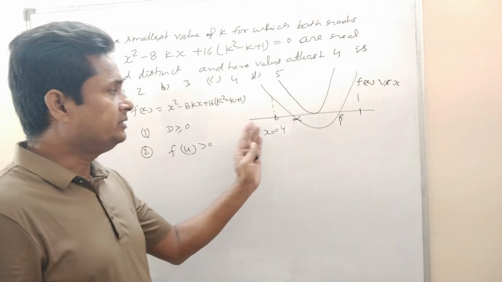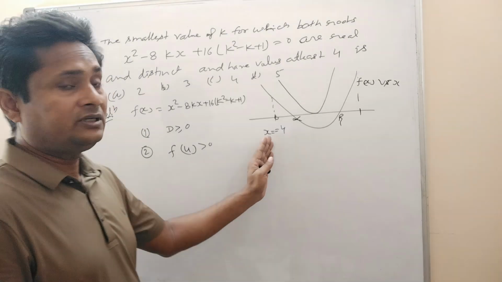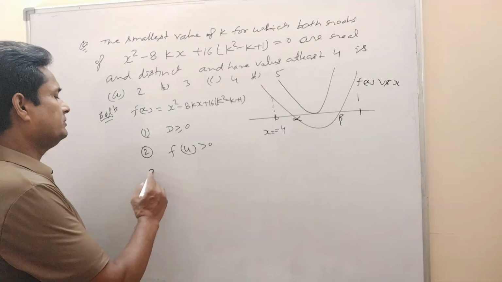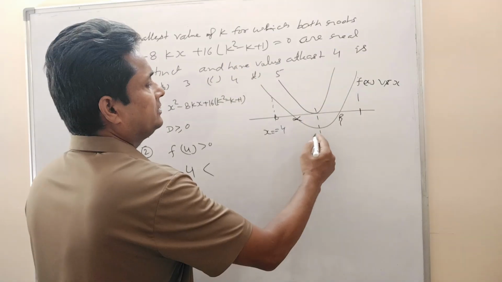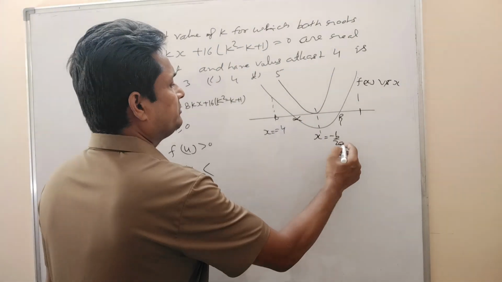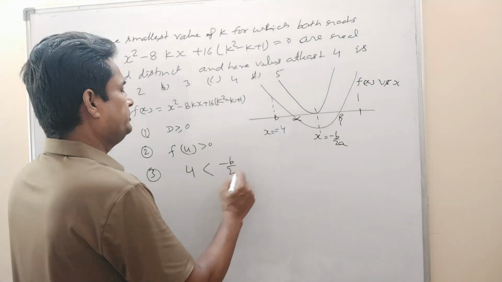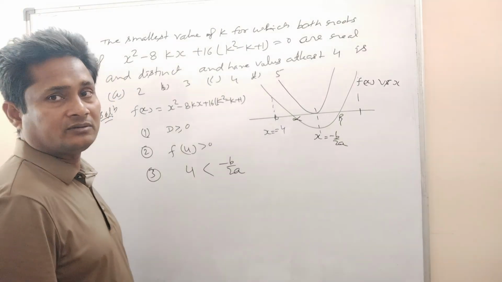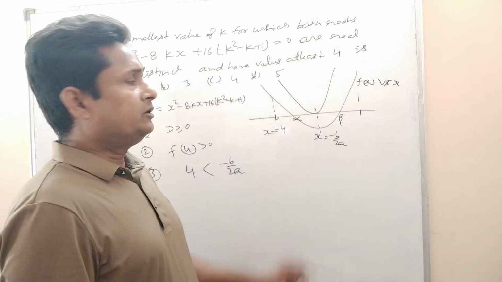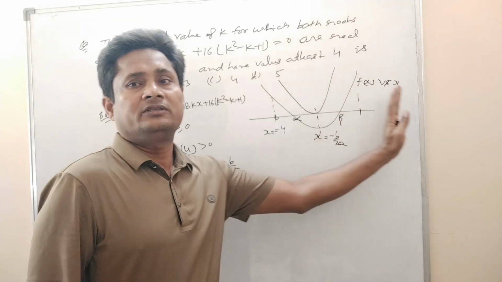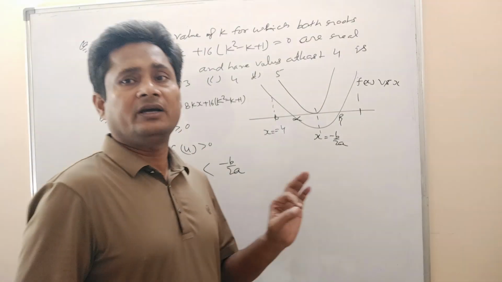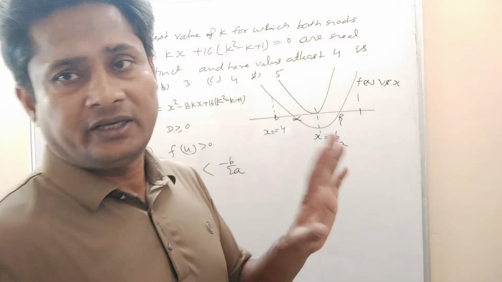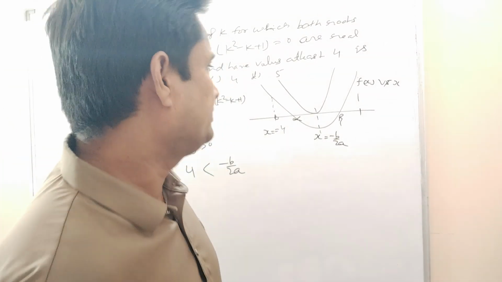But we want only this side of 4. So if we want this side of 4, then 4 must be less than, here it is x equal to minus b by twice a. So this should be minus b by twice a, because we want this side of 4, not this side of 4. So these are the 3 conditions. Apply these 3 conditions, solve, take intersection, that will be your answer.